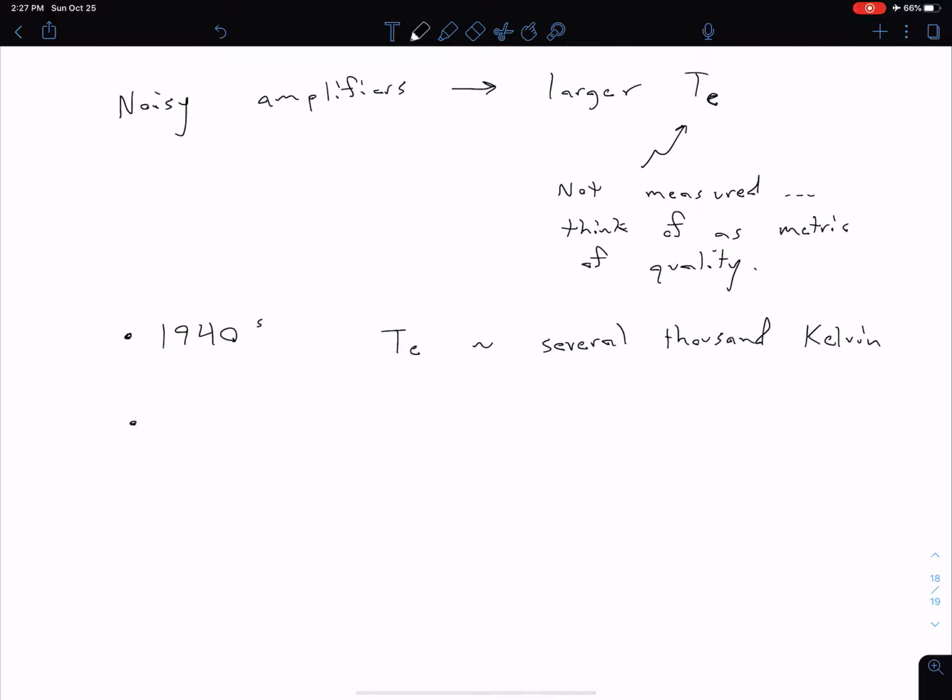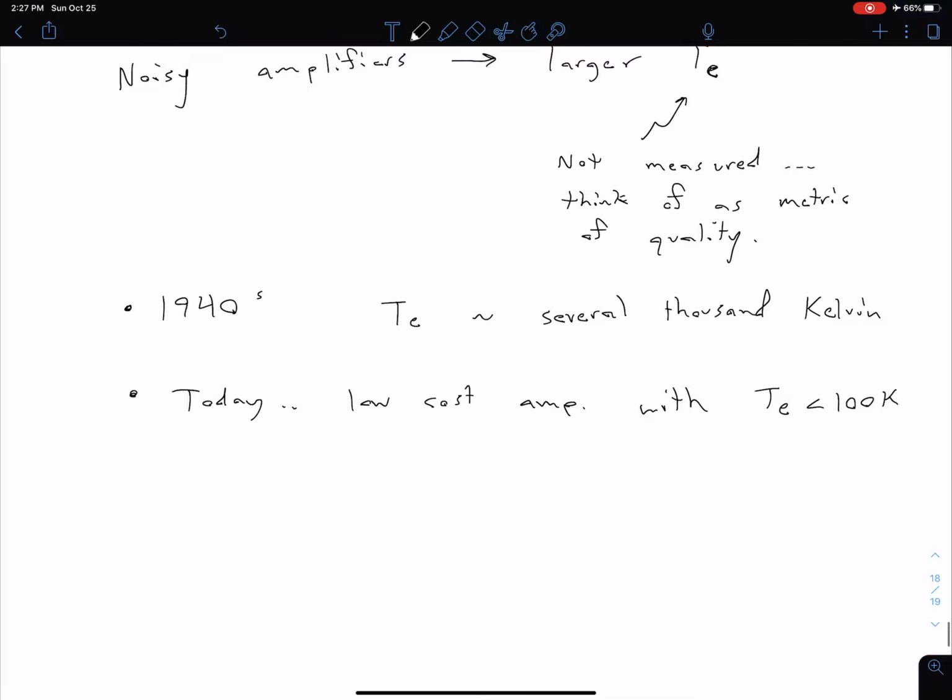But if we look at amplifiers available today, we can usually find pretty low cost amplifiers with T sub E on the order of or below 100 K. Huge difference, of course, as we would expect.